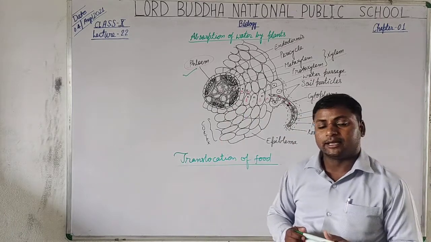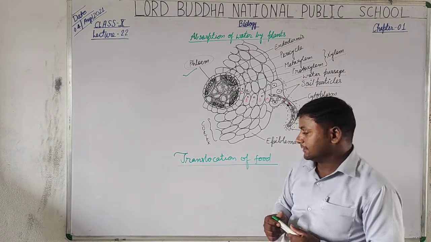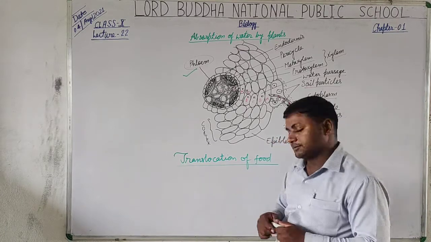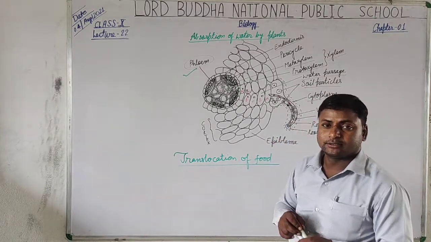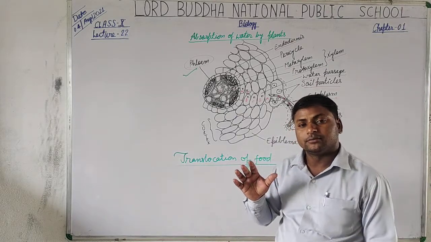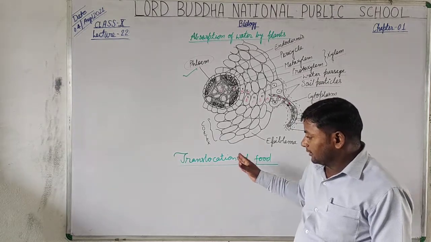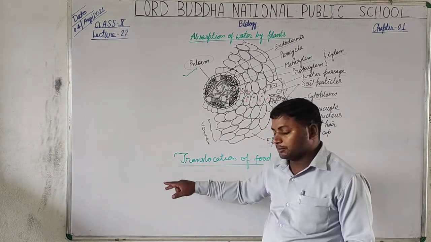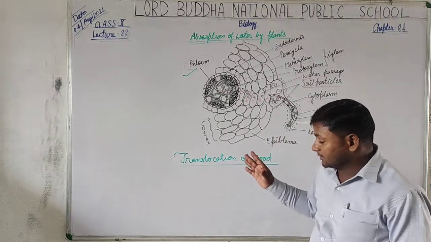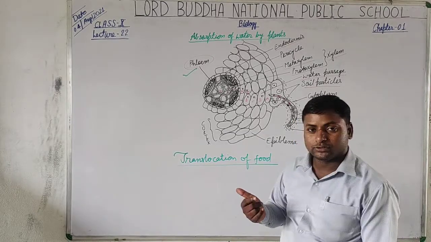But the question arises: by what mechanism does the translocation of food take place in plants? Students, in the previous lecture we discussed the processes of diffusion and osmosis. Here the distribution of food material mainly takes place by diffusion. Why diffusion?